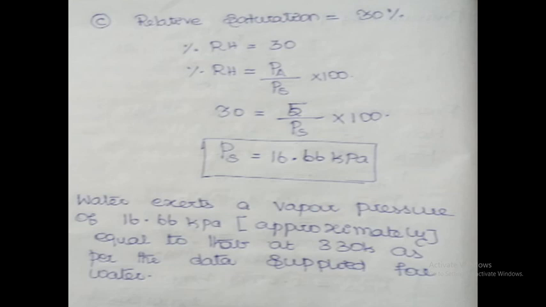Already data are given, you refer to the problem, additional data are given: at 330 Kelvin, one vapor pressure is given. That data is very close to our calculated value. So that's why this temperature is directly taken as the heating temperature of the mixture. Are you clear or not? Okay. Thank you for your attention.